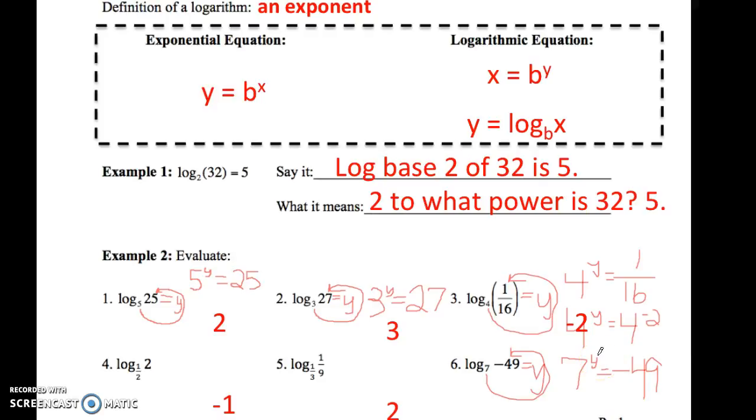Well, we could try 2, but 7 squared is 49. And y equals negative 2 would be 1 over 7 squared. That would be 1 over 49. It turns out there's no value of y that we could have equal negative 49. So the answer to this log is undefined.